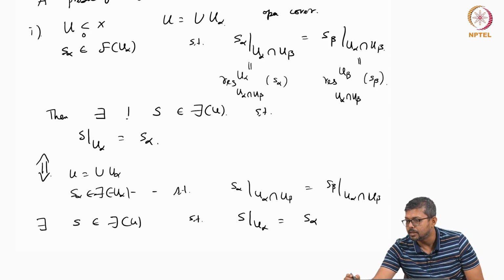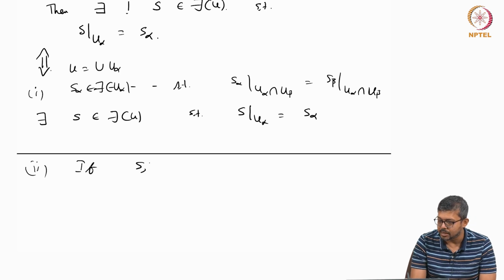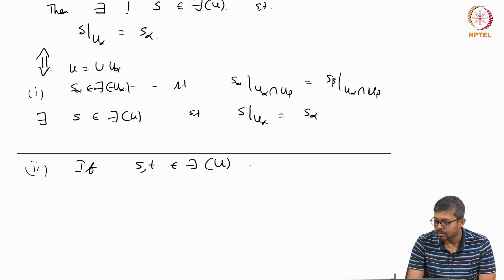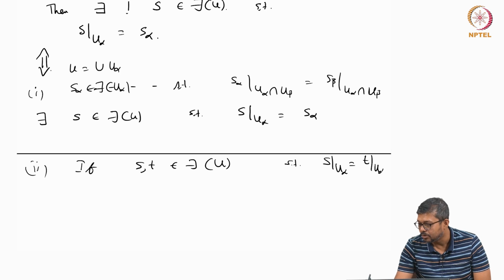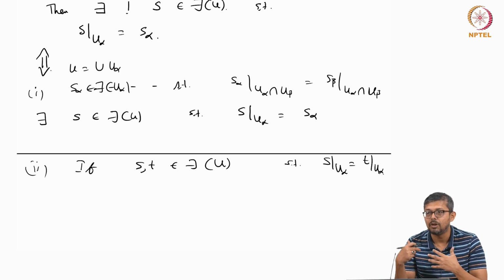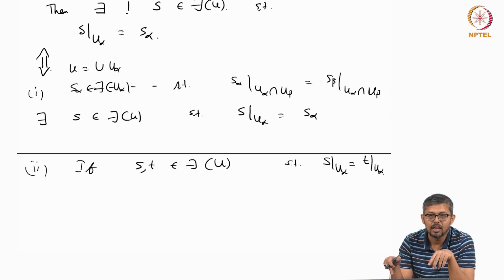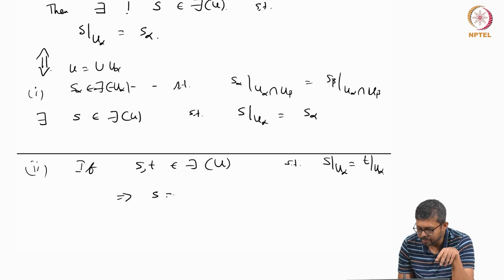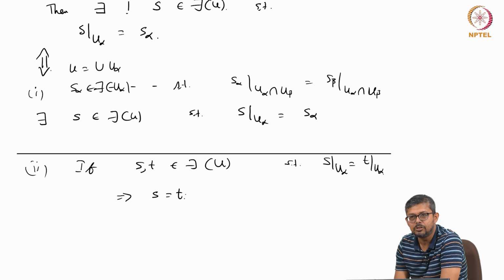Now, the uniqueness is condition 2, and condition 1 is the existence. Uniqueness says that if there are two such S and T such that S restricted to U alpha is the same as T restricted to U alpha, so if you have sections over U, the bigger open subset, such that restricting to each U alpha they are the same, this will imply that S is equal to T. Because S restricted to U alpha, if you further restrict to U alpha intersection U beta, and T likewise, they are the same.